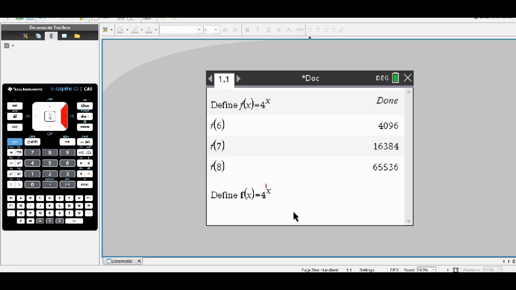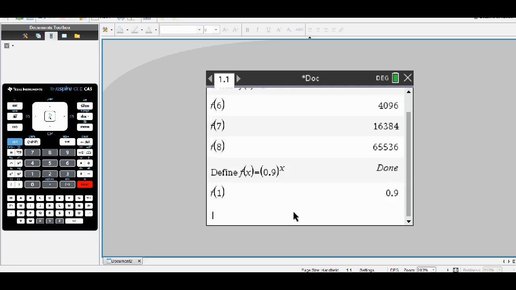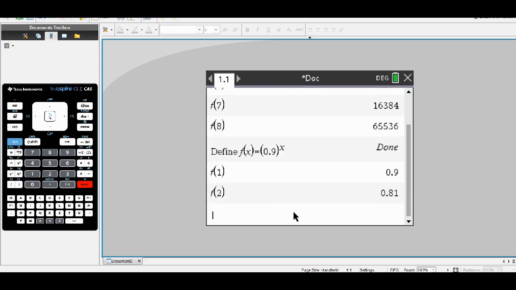This time I change the base to 0.9 and define it. Let's see what happens if I put value 1: 0.9. When I put 2, so when x becomes bigger, the result becomes smaller.